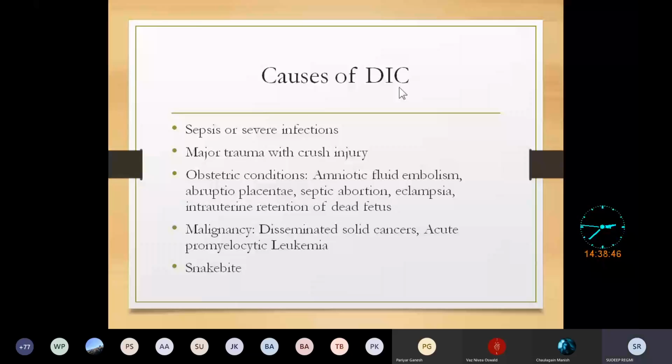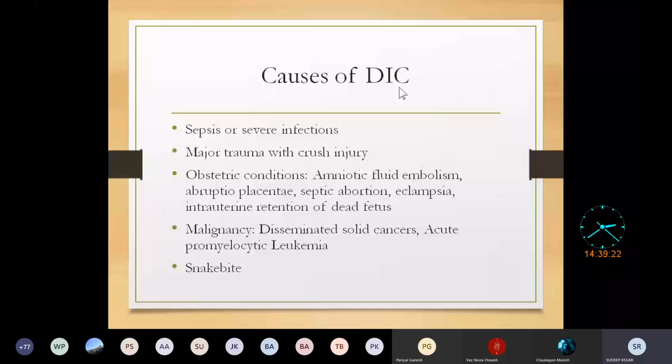One is sepsis or severe infections. Then the major trauma with crush injury. Here, you can know that whenever there is a major trauma or a polytrauma with crush injury, automatically there will be release of the tissue factor. Whereas in sepsis or severe infections, endothelial activation or endothelial injury can be there.